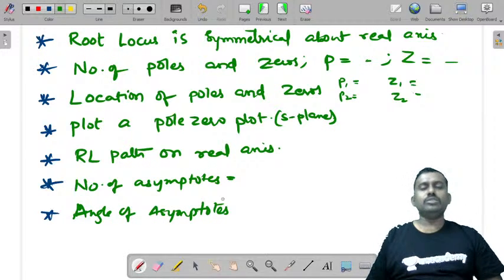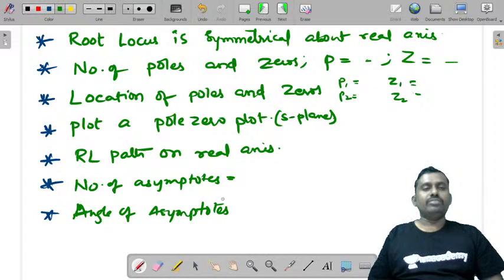The first point is root locus is always symmetrical about the real axis, and the root locus is plotted on an S plane. The number of poles and zeros must be identified in the given transfer function, and also find the location of those poles and zeros and mark them on a pole zero plot. The root locus path is to be identified on the real axis.